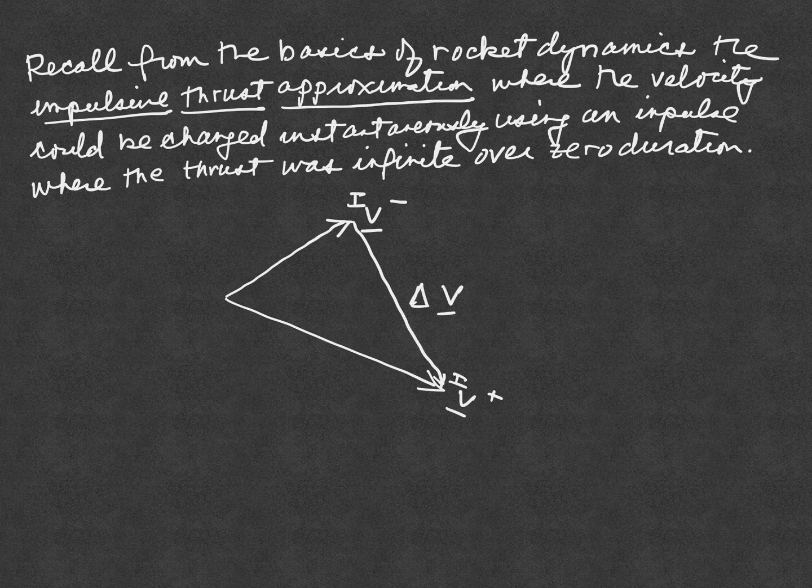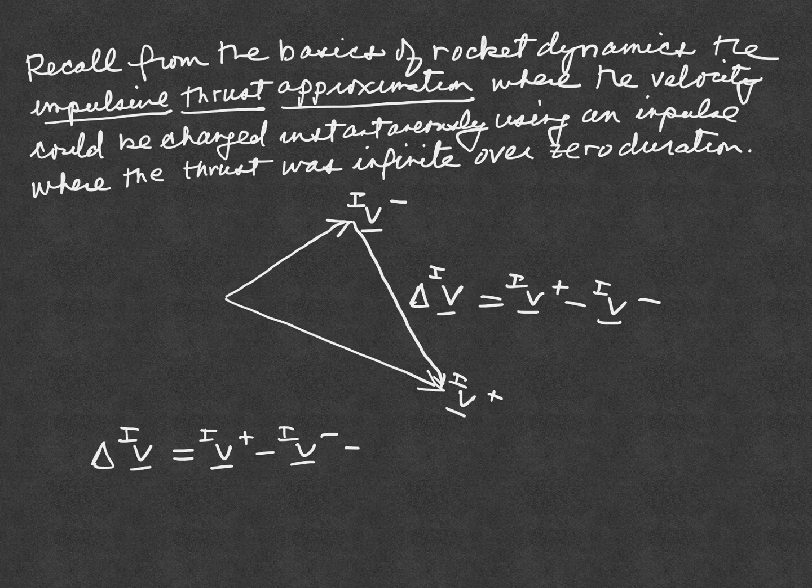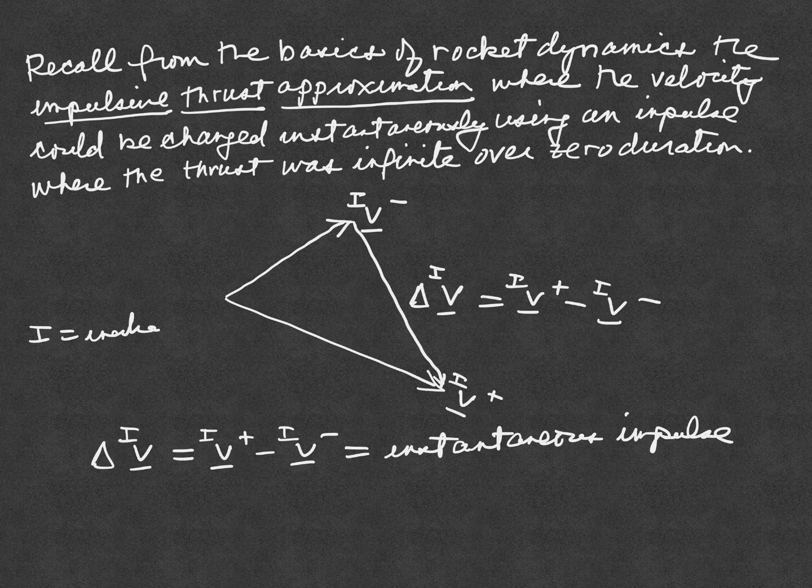So it's delta v_I, which is equal to v_I plus minus v_I minus, and it's an instantaneous impulse. And for completeness, I is an inertial reference frame.